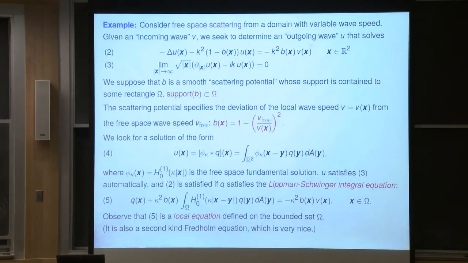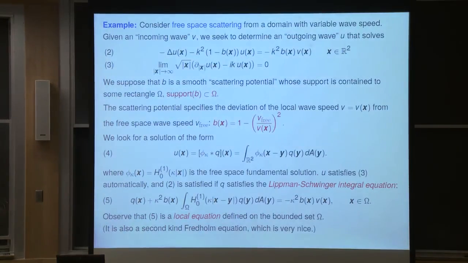But before we close today, let's talk about one more equation. We're going to talk about a volume integral equation. These are a little less common than boundary integral equations. This is the same problem that Adrianna discussed yesterday in the lecture about this Poincaré-Steklov scheme. Here we have an acoustic scattering problem in the plane.